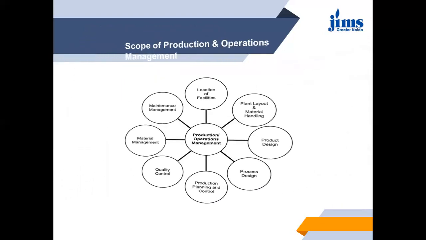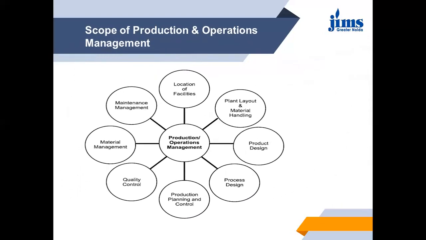Moving on, I will talk about the scope of production and operations management. If you can just see this diagram, you will understand there are so many activities that fall under the domain of production and operations.